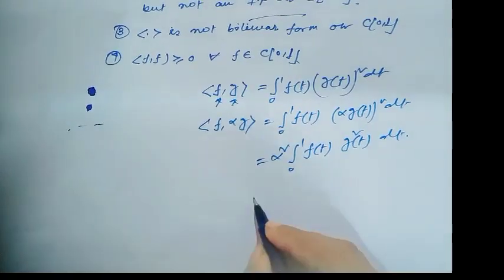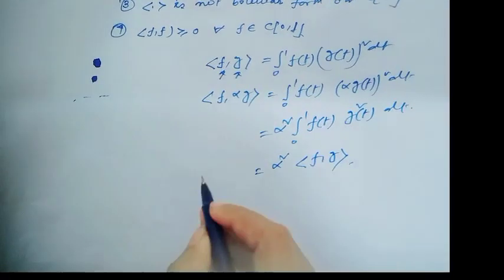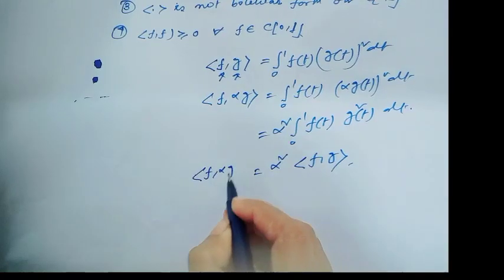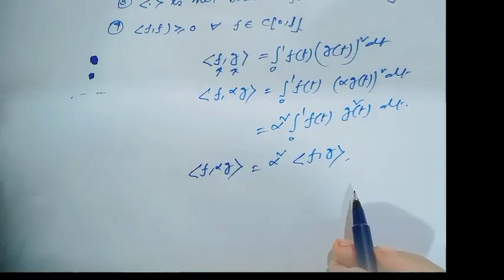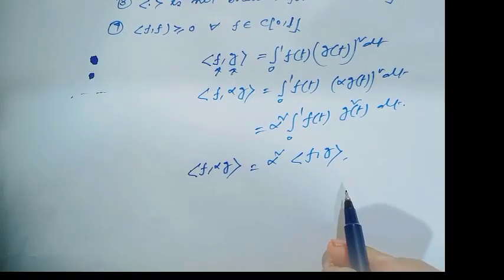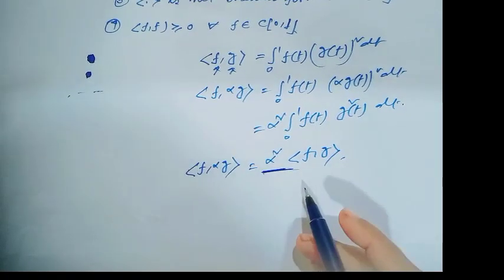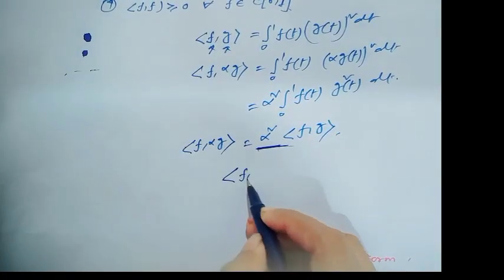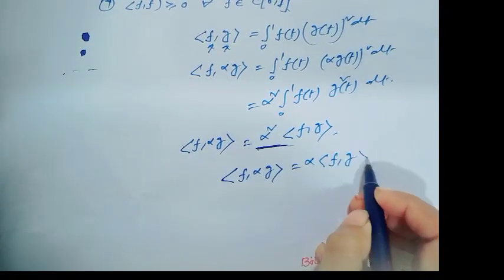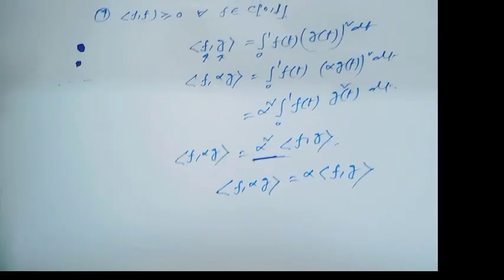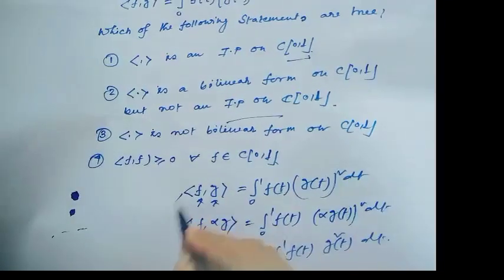Okay, and this is actually alpha square times the inner product of f comma g. So the inner product of f comma alpha g is equal to alpha square times the inner product of f comma g. That means here the linear property has broken, because for the linear property we all of us know the inner product of f with alpha g would be alpha times the inner product of f, g. And since the linear property has broken, this is not a bilinear form.